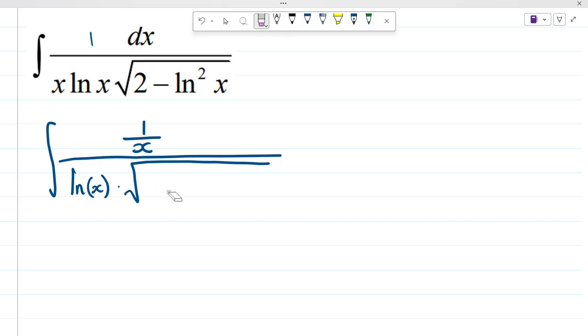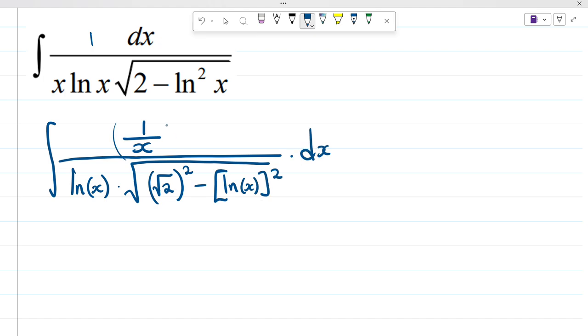It's the same as the square root of 2 squared, minus ln of x written in the form of what squared as well. So this is going to be this squared, and then I write my dx. Okay, this is the damage I did so far to this question.